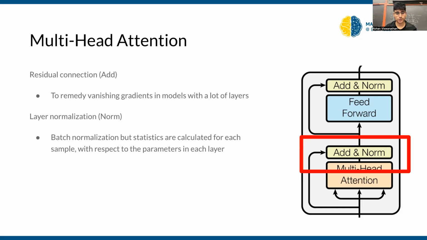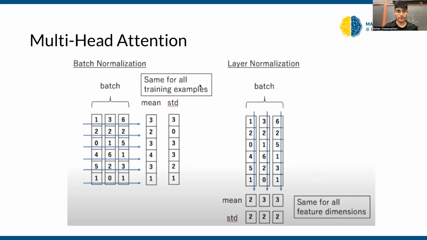I believe there is also a slide detailing this specifically, but hopefully this add and norm step makes sense now. You're adding a residual and you're normalizing by feature. So yeah, batch norm is where for all training samples, you are normalizing your data horizontally. Layer norm is in a certain batch, I want to normalize each feature dimension. And that is what's used specifically in attention.